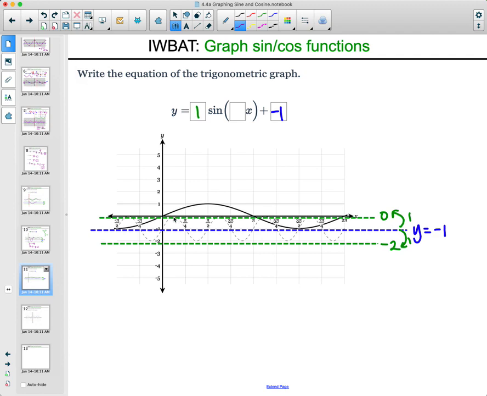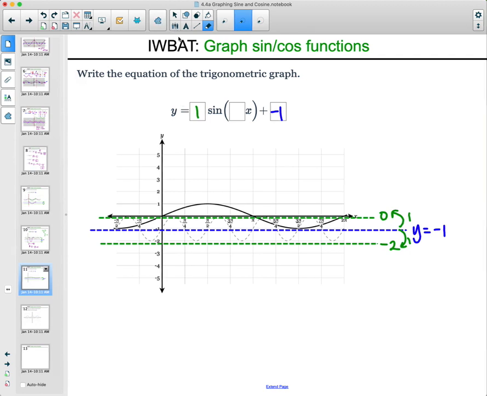Now, I said it's easy to go from max to max, but in this case, the max doesn't tell you what the angle measure is right here. You could figure it out by doing half of pi over 4, but in this case, I would probably just start at a middle. So I'm just going to start here at pi over 4 and then cycle through the whole thing.